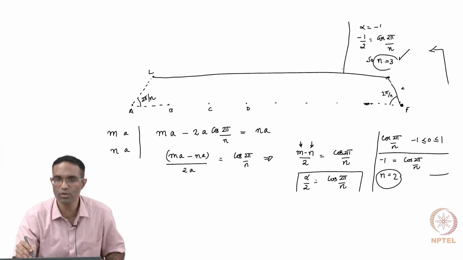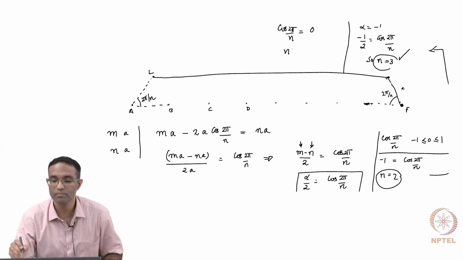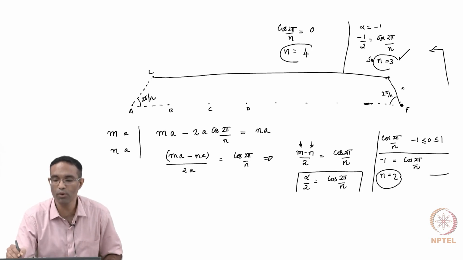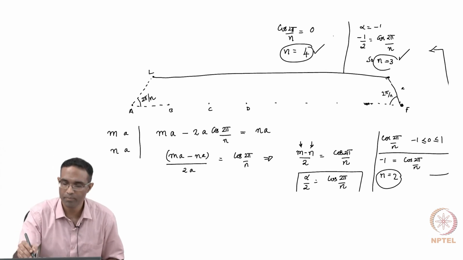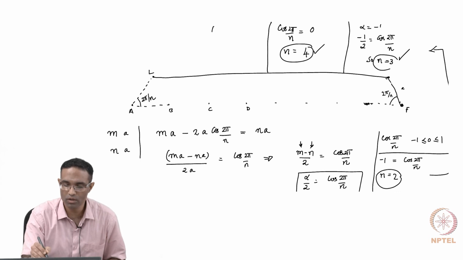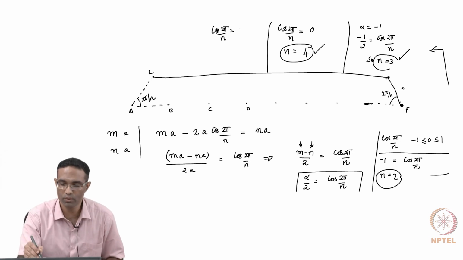Next one, obviously we do 0. When you do 0, you get cos 2 pi over n equal to 0, and then n should be 4. A fourfold rotation is compatible with lattice translations, and you do cos 2 pi over n is equal to 1 by 2.